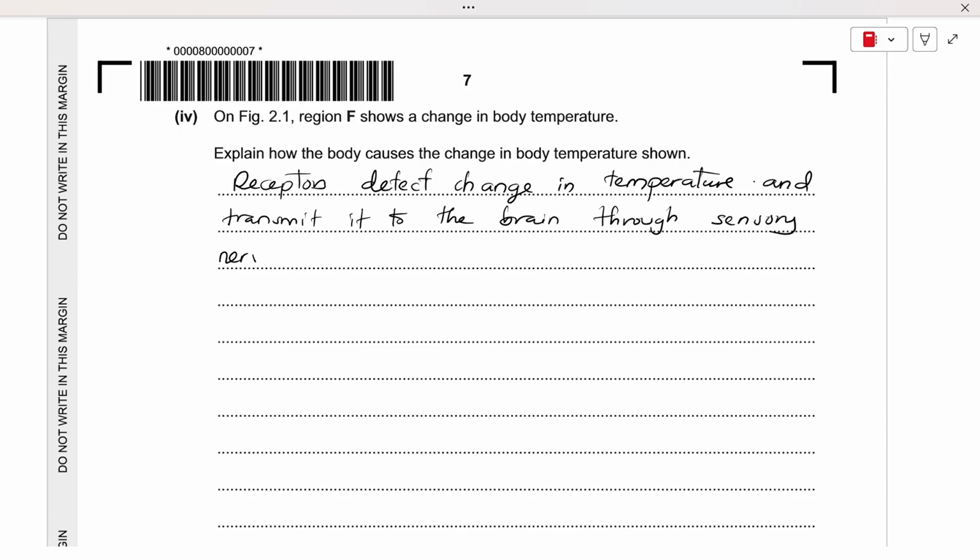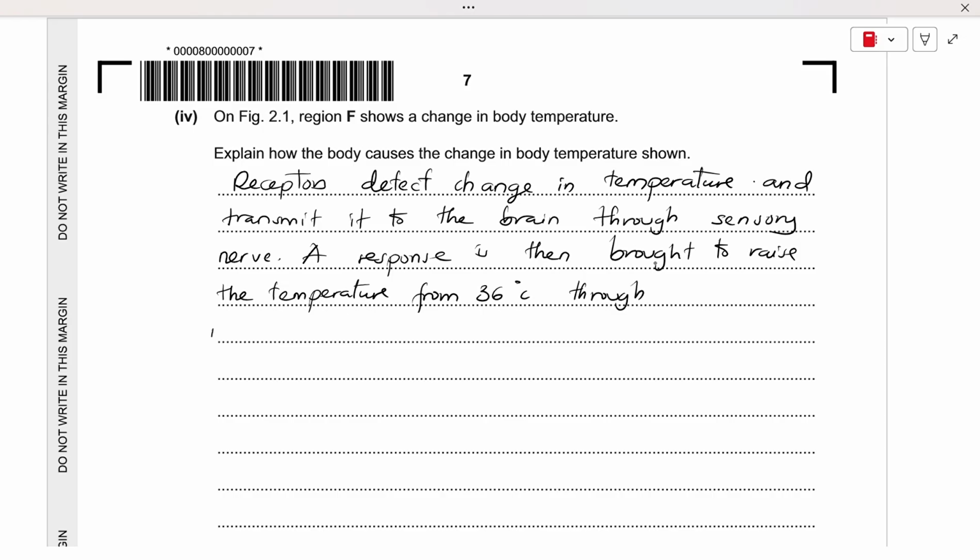All right, then the brain brings a response, and a response is then brought to raise the temperature from 36 degrees centigrade through vasoconstriction.